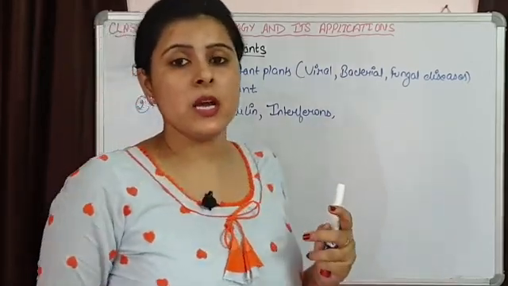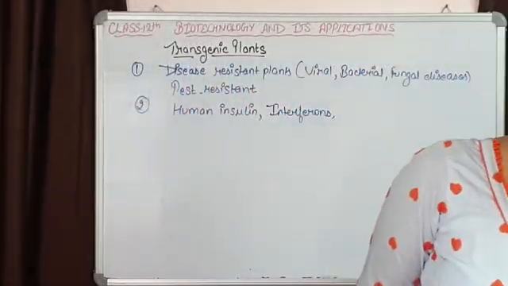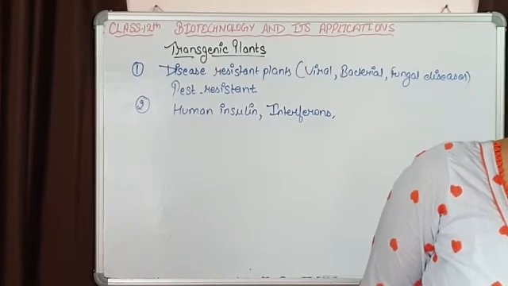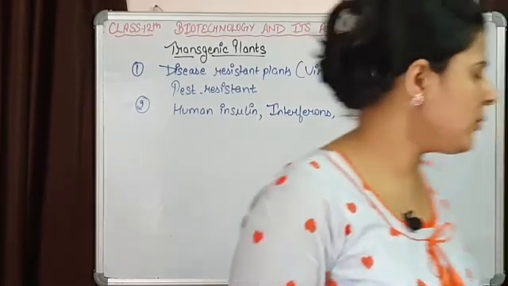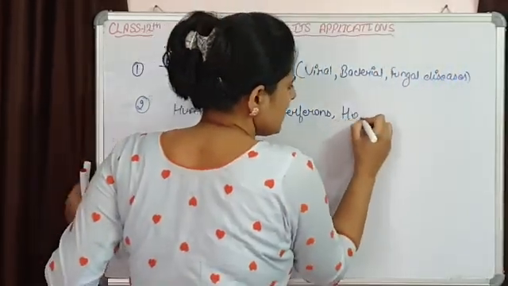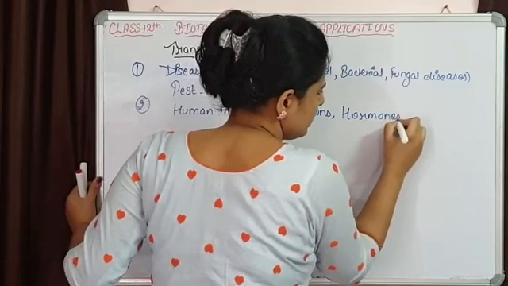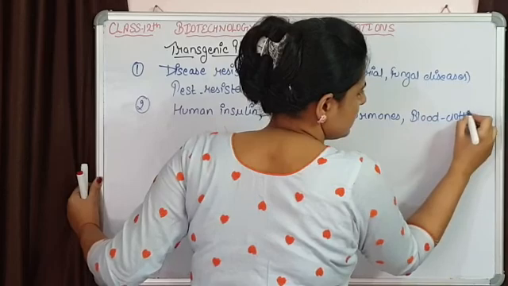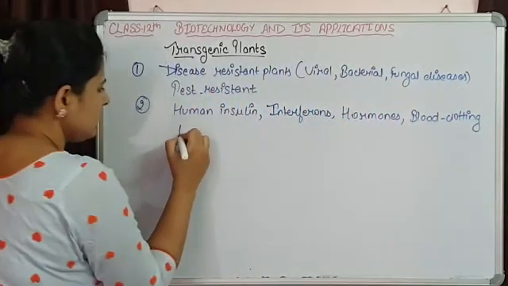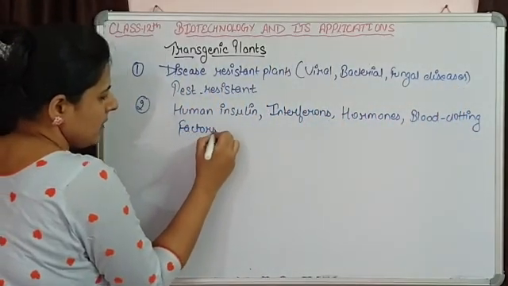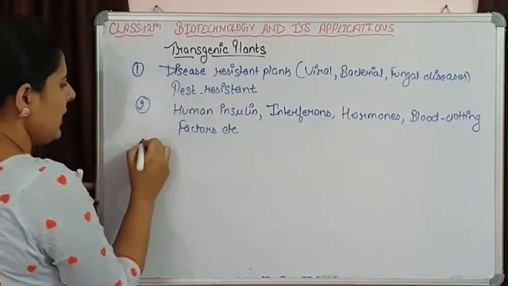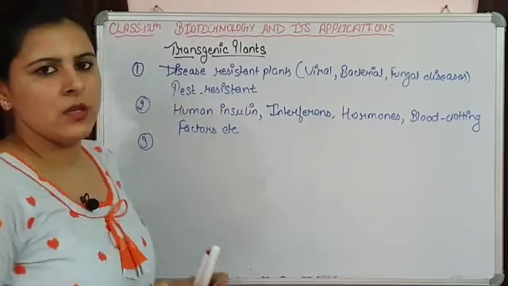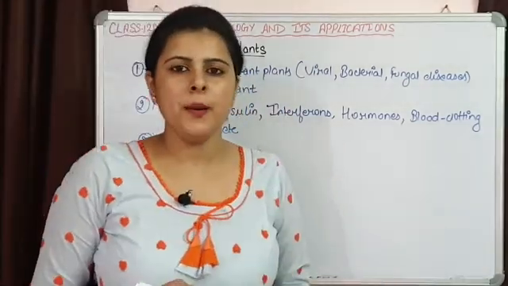There are various other pharmaceutical agents which are being produced from plants, hormones, blood clotting factors, and other various things. This can also be done in plants.